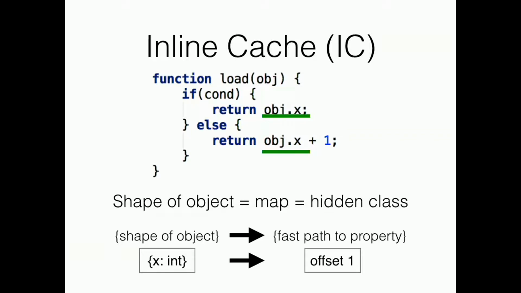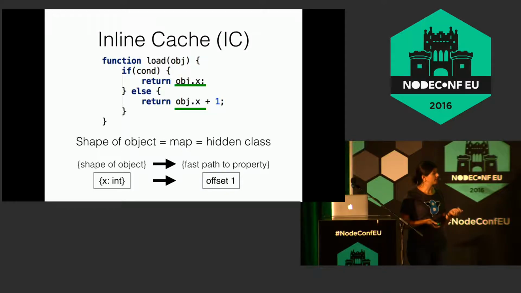And I sort of abstractly keep saying shape of object. Since we don't have classes in JavaScript except as syntactic sugar, V8 is internally assigning to every object a hidden class or a map. So whenever I say map or hidden class, I mean this shape of an object, not the object itself.